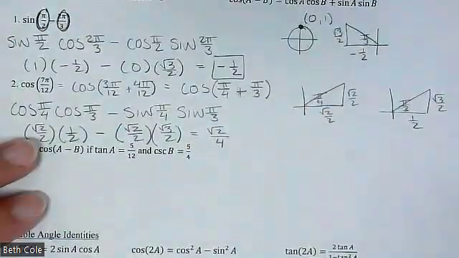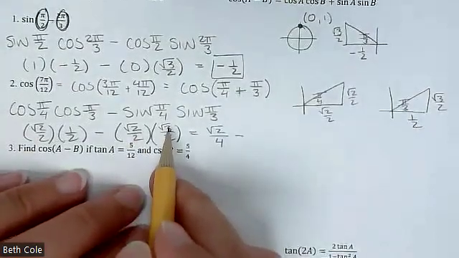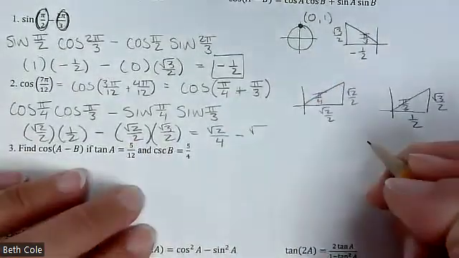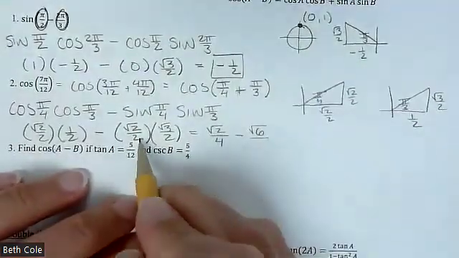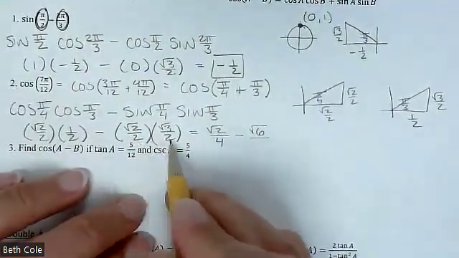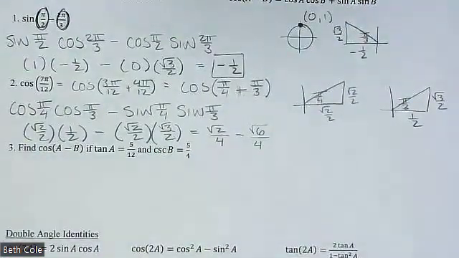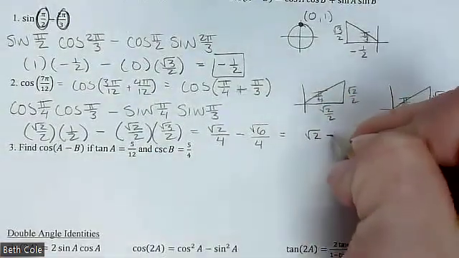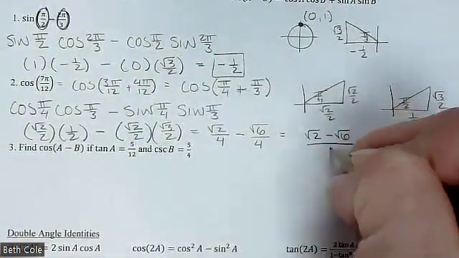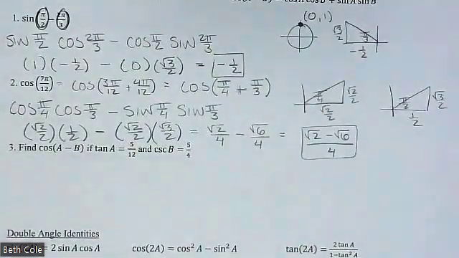So square root of 2 over 4 minus, now square root of 2 times square root of 3 would be square root of 6. 2 times 3 is 6 over, conveniently, 4. And they already have a common denominator. So you're just going to shove it all together. It's going to be square root of 2 minus square root of 6 all over 4. Which is a great answer. I mean, that's what it came out to. So that's what it is.